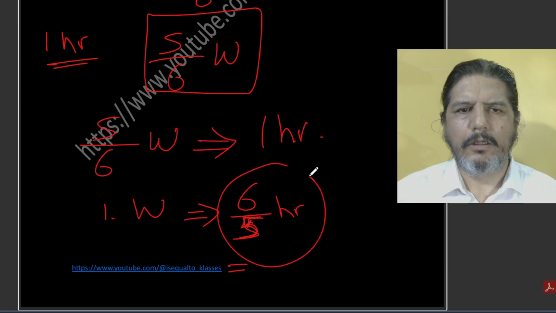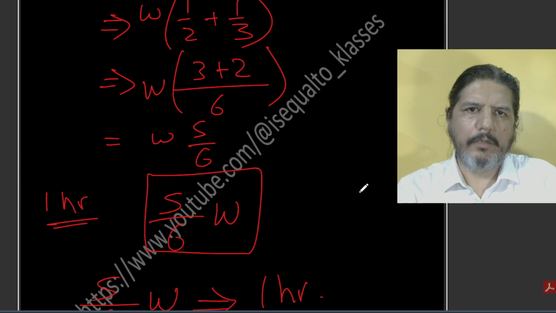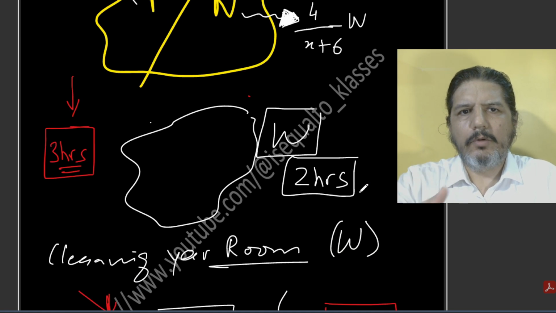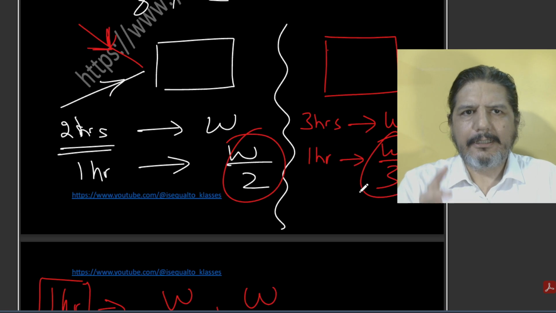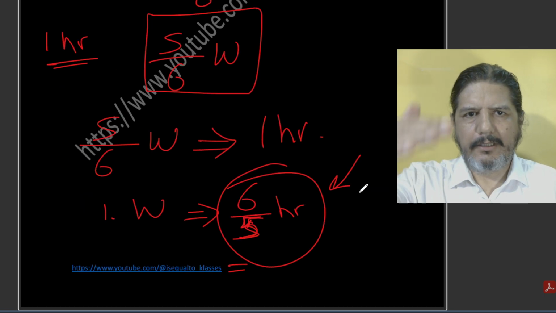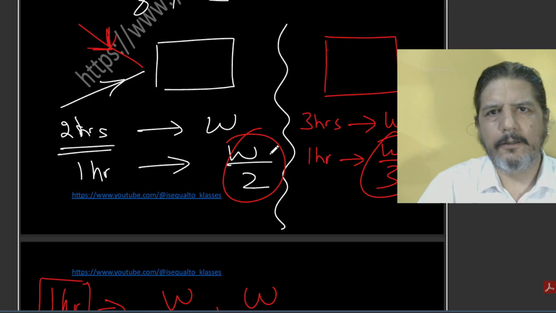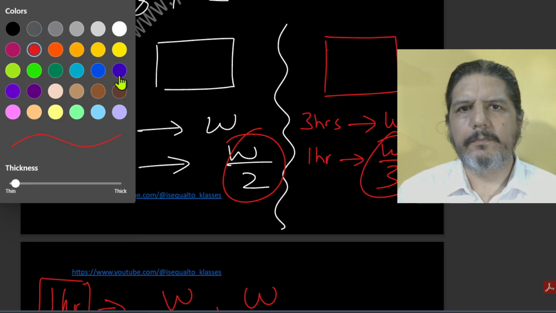So, see, what I'm trying to tell you in the previous discussion is that this is how you have to approach these work problems. One critical thing that you need to understand is this part. This is a very important part.